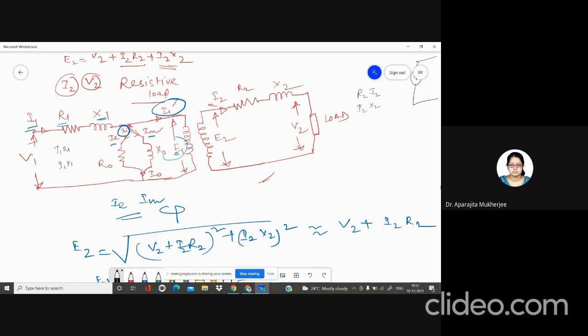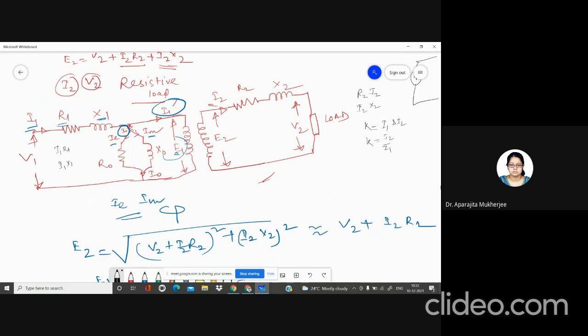Now if we refer the primary side to the secondary side, we can do it with the help of the transformation ratio K. If we want to refer the primary side voltage to the secondary, we write K times it, because K has a relation with I1 and I2. The relation is none other than I2 by I1.